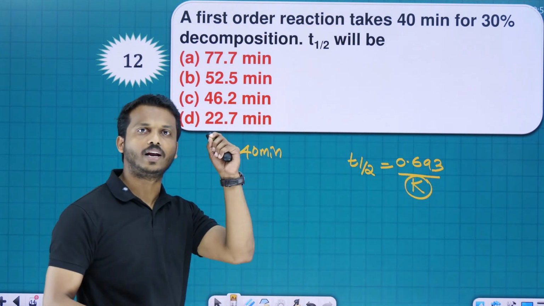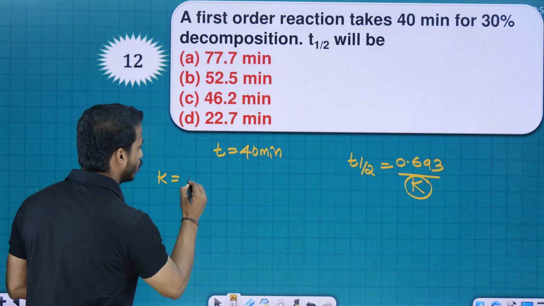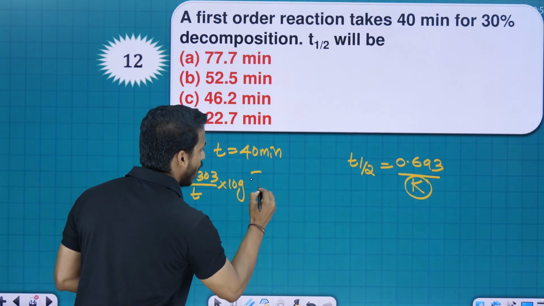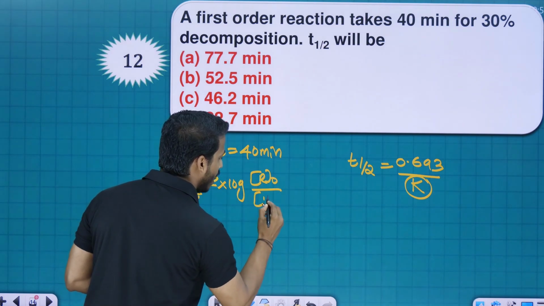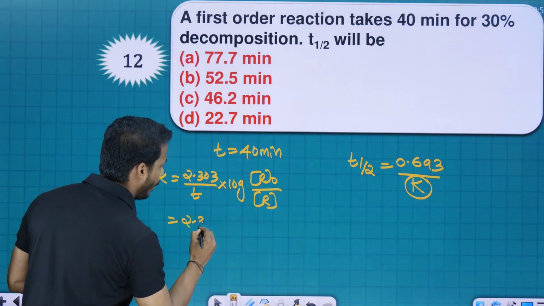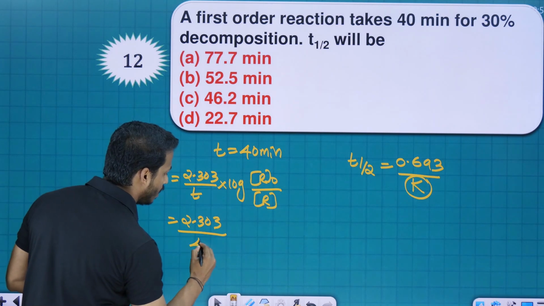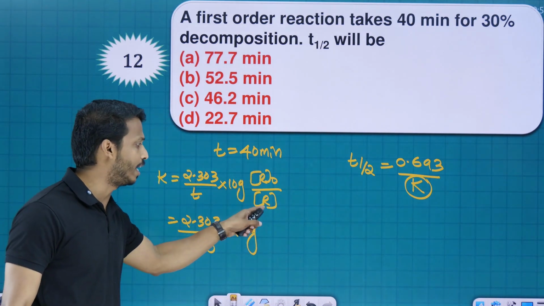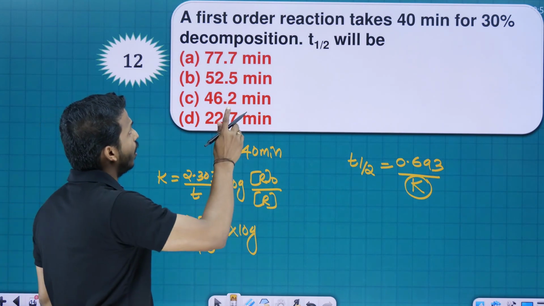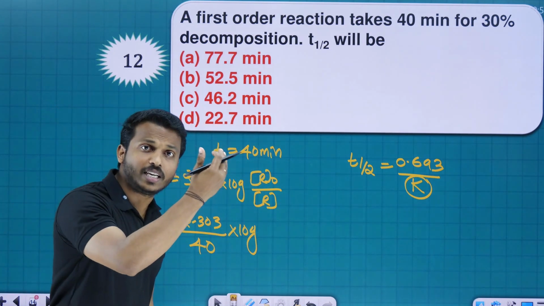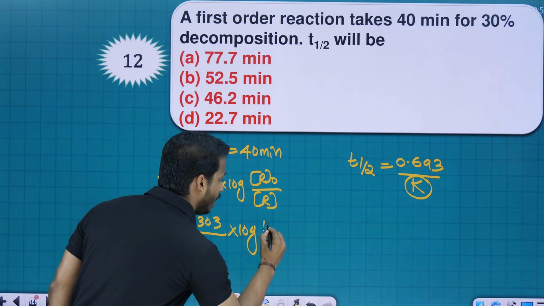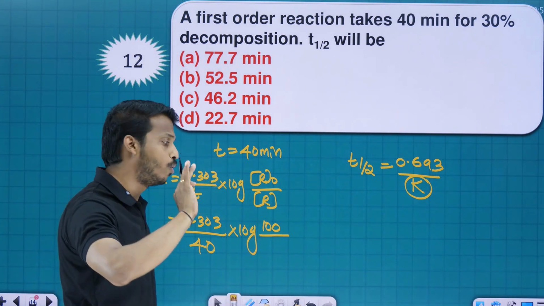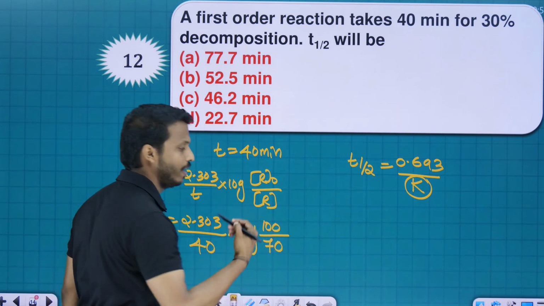So first we need to calculate k. k is equal to 2.303 by t into log of R naught divided by R, which is 2.303 by 40 into log of initial concentration over final. 30% decomposition, so initially you have 100, 30% decomposed means what is left is 70.